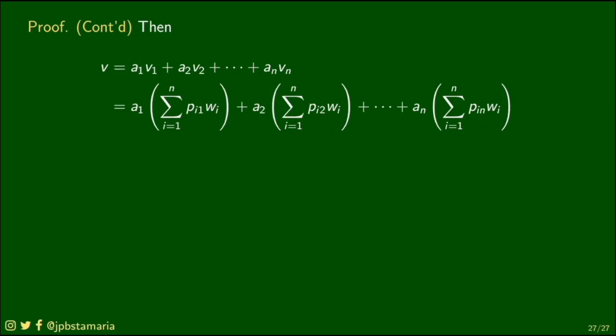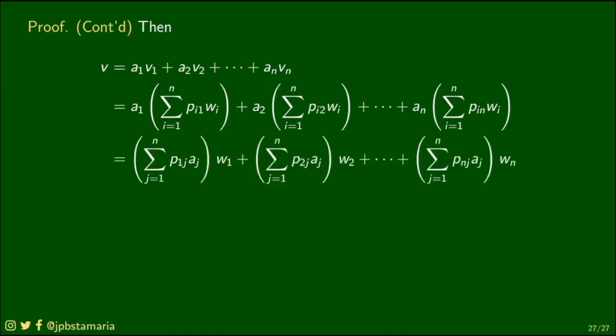Now, using properties of summation, you can bring this in, then combine all the w1s in one sum, and combine all the w2s and so on. If you expand all of this, you collect all the terms with w1, all the terms with w2, all the terms with wn. I will not show you the messy computation, but it will eventually lead to this.